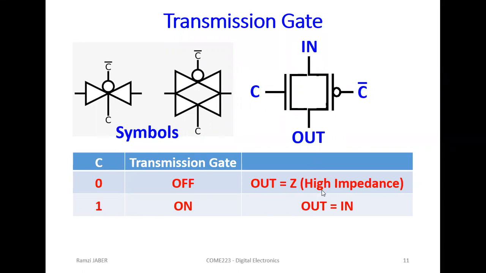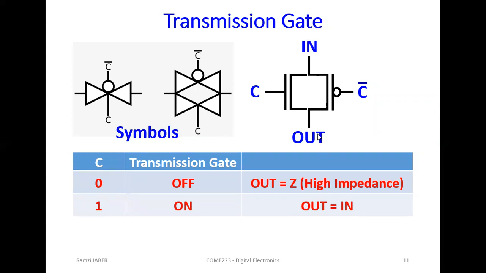This is also a disadvantage for the transmission gate, because if C equals 1, the N channel will be on, C bar will be 0, so the P channel will be on. So the transmission gate will be on. For C equal to 1, no error, it's correct: the output will equal the input and is strong.